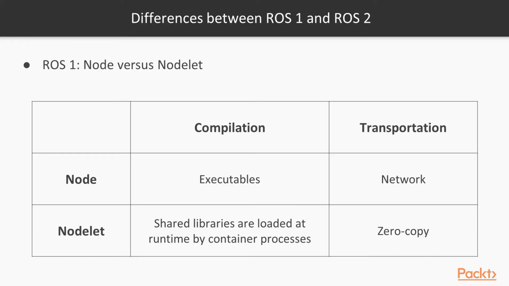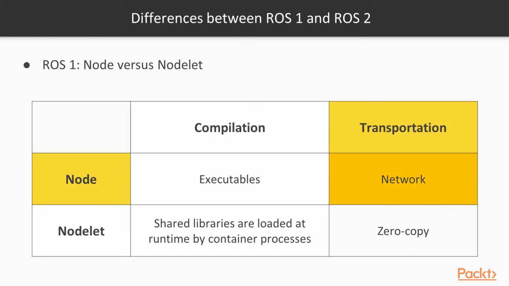In order to compare how nodes work between ROS versions, we need to review some concepts from ROS1. In ROS1, you can write your code either as a ROS node or as a ROS nodelet. ROS1 nodes are compiled into executables. ROS1 nodelets, on the other hand, are compiled into a shared library, which is then loaded at runtime by a container process.